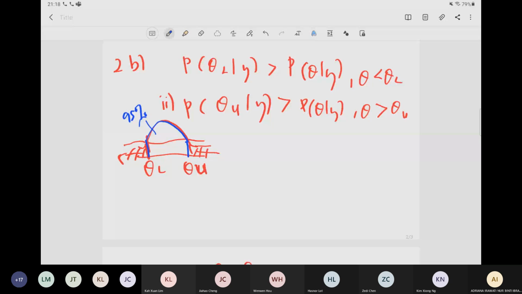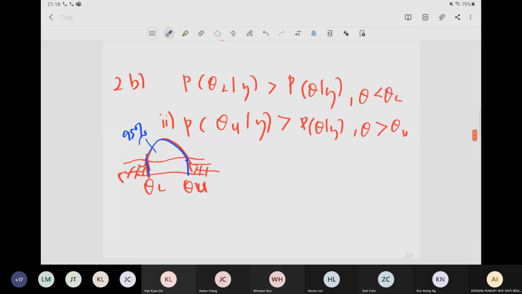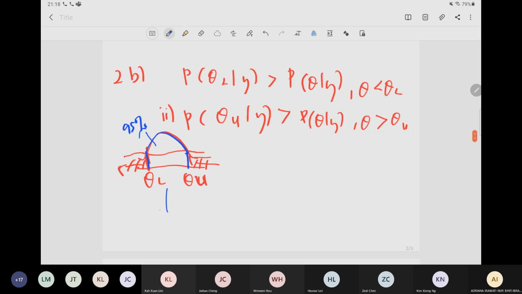This is because question 2 is about the normal. The normal is symmetric and unimodal. If you change to a different distribution, like in our lecture, it might not be the same. It's not because of HDR, it's because of the normal distribution, which is symmetric.